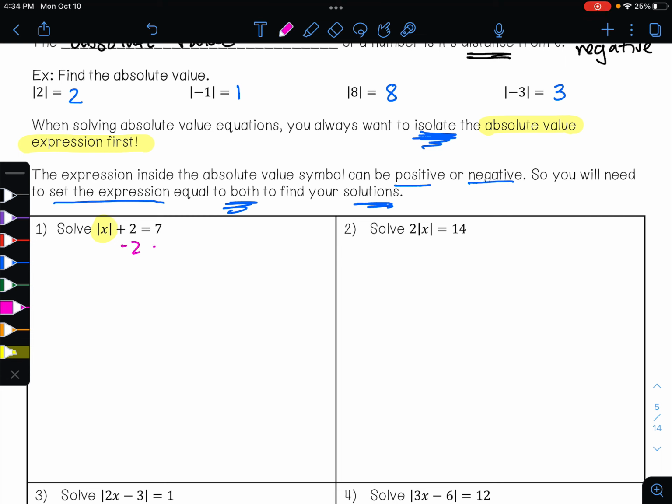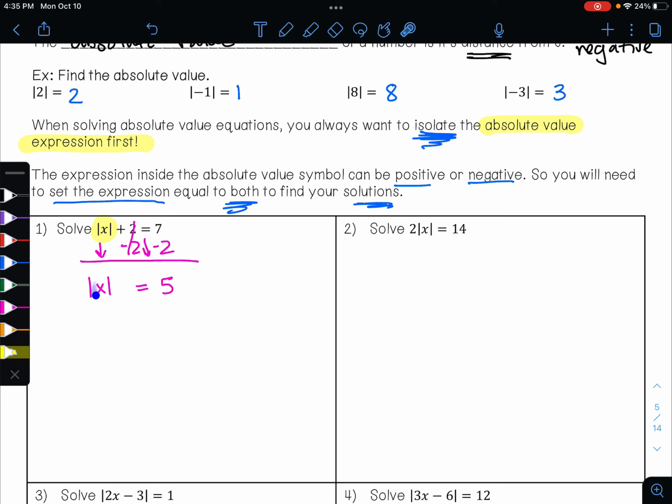Subtraction. So I'm going to subtract 2 on both sides. So I'm going to bring down the absolute value of x. 2 minus 2 is 0. I'm going to bring down my equal sign. 7 minus 2 is 5. So right now, I have the absolute value of x is equal to 5.